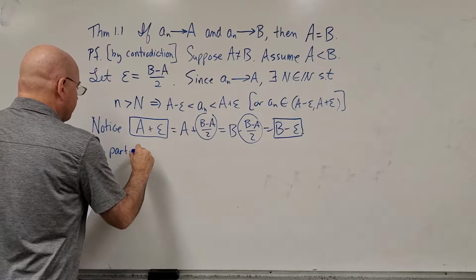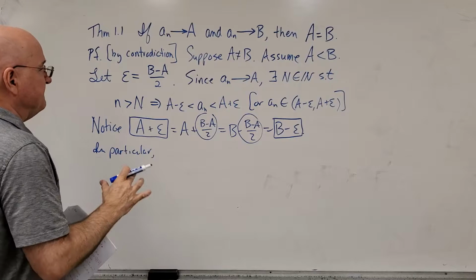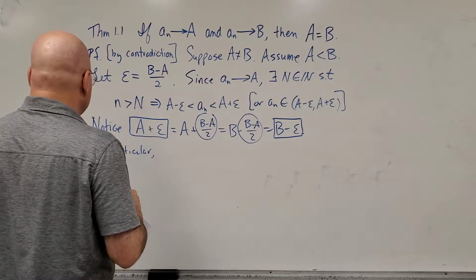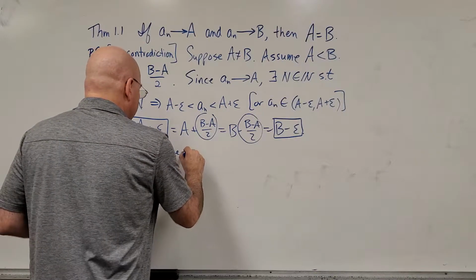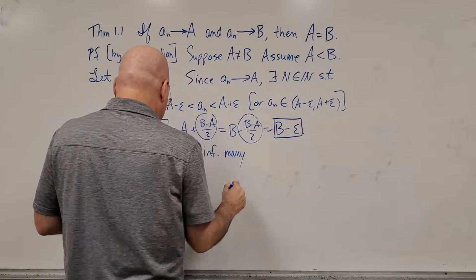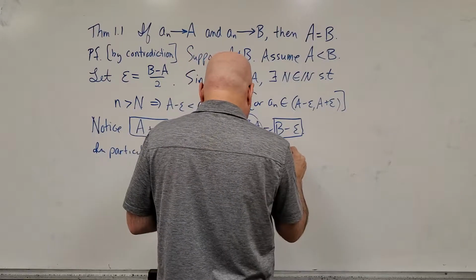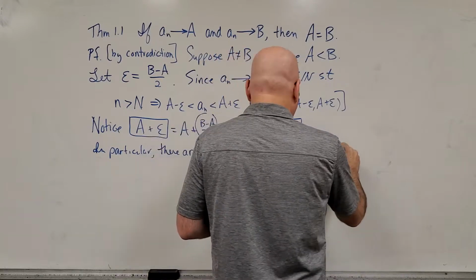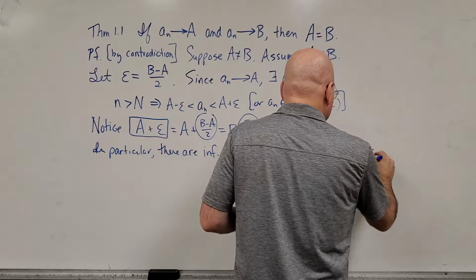In particular, there are infinitely many points, or real numbers, or terms of the sequence outside of B minus epsilon to B plus epsilon.